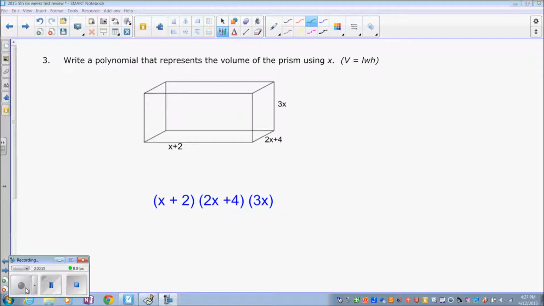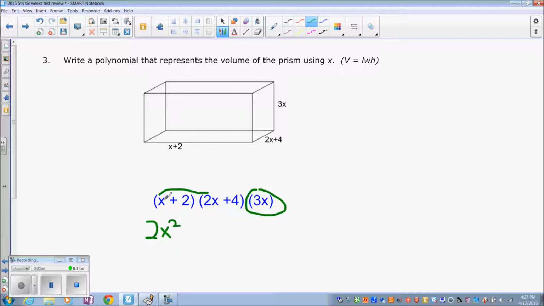Okay, so I've got my equation set up where I'm multiplying all 3 sides, and you see this 3x right here. I'm not going to do that just yet. I'm going to FOIL these 2 equations, and then I'll multiply the 3x after I FOIL. So when I FOIL, I'm going to do first times first, and that's x times 2x, so then I get 2x squared.